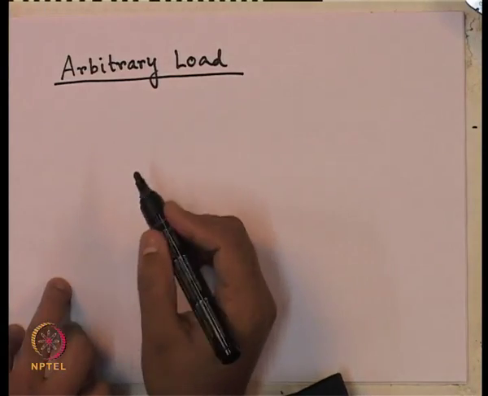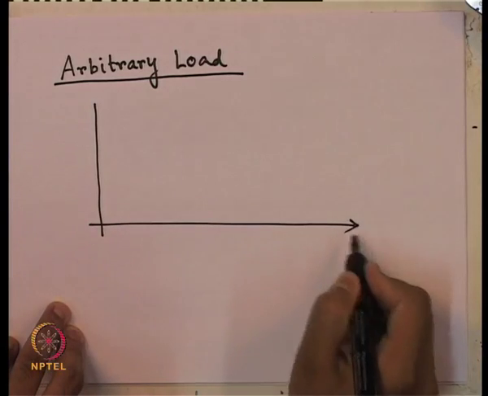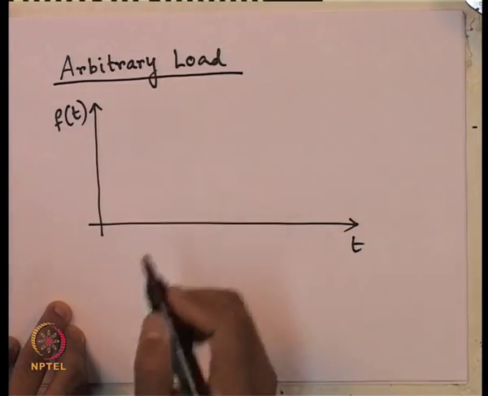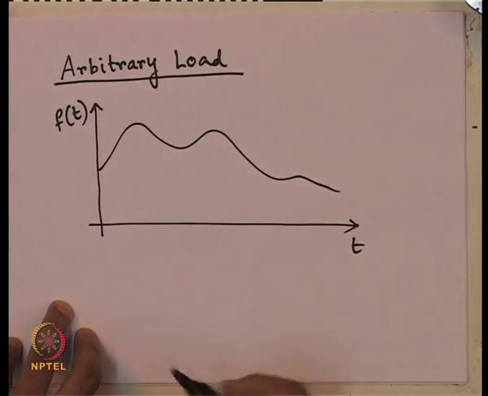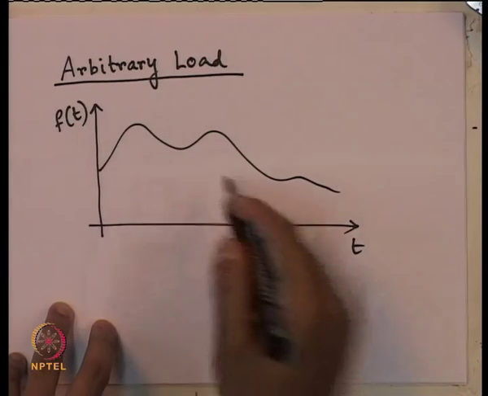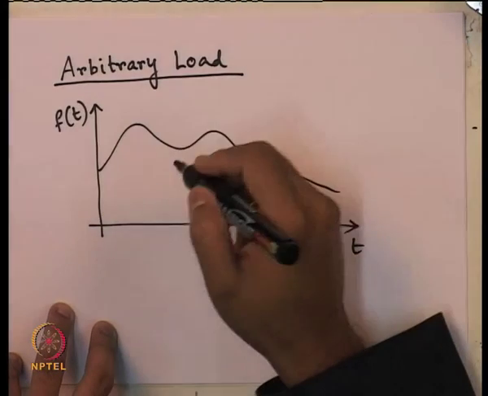For arbitrary load, suppose the dynamic load acting on our system is something like this, some arbitrary load with respect to time. Now, this f of t varies arbitrarily with respect to time. What can we do?